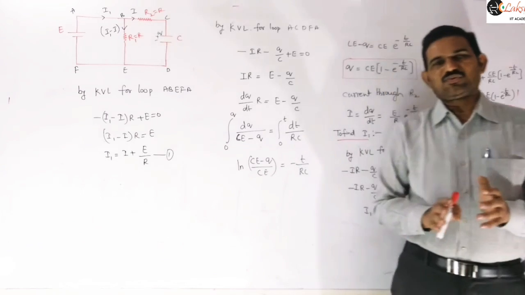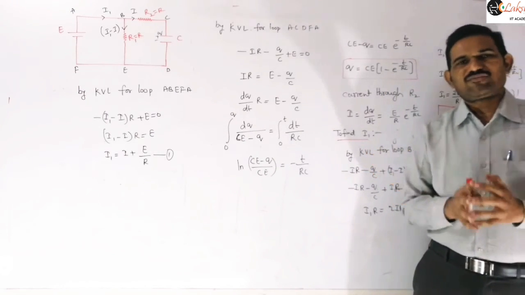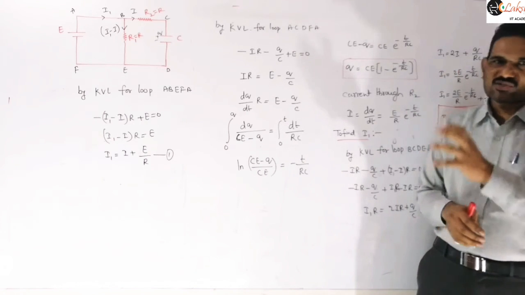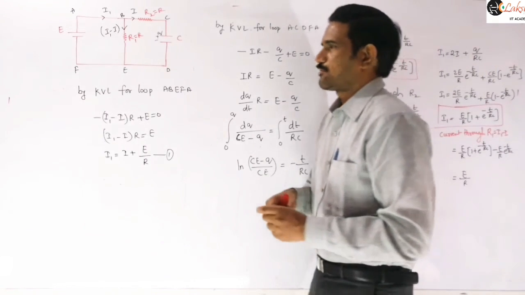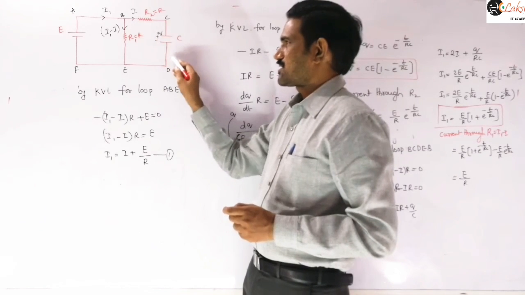In any circuit, the procedure is the same, whatever procedure we followed already for the standard derivations. So we need to follow the same procedure. If many branches are there, the simple point you need to remember, in addition to our general procedure, is the branch in which the capacitor is connected.